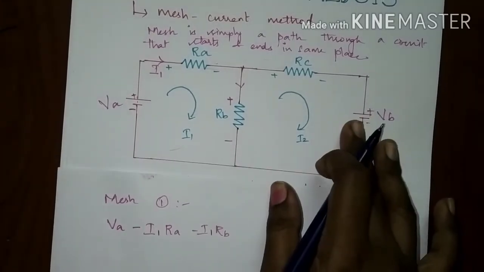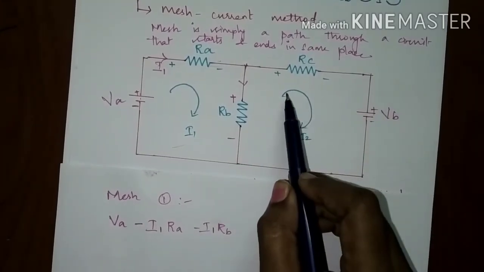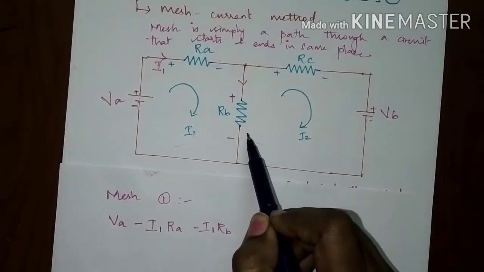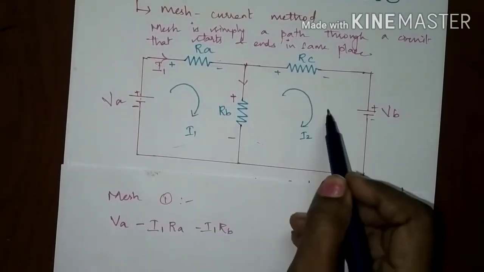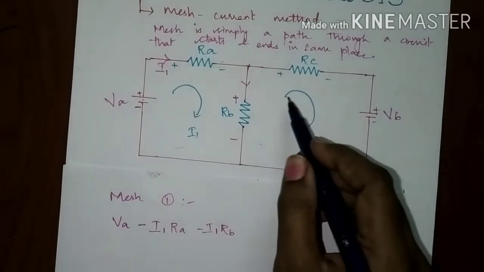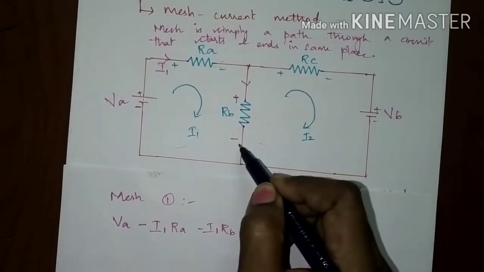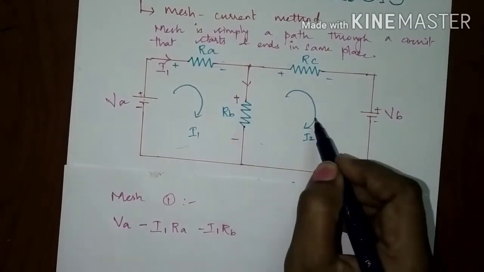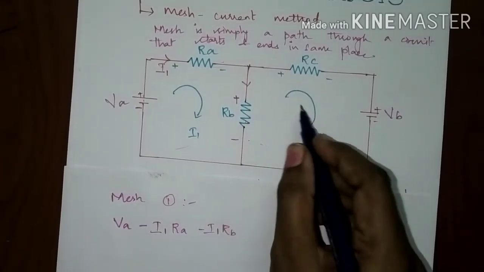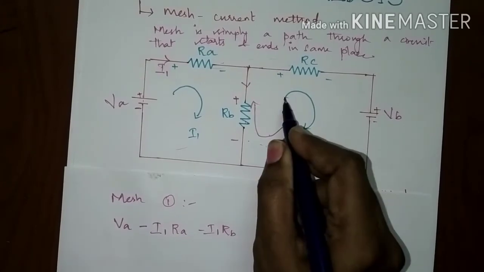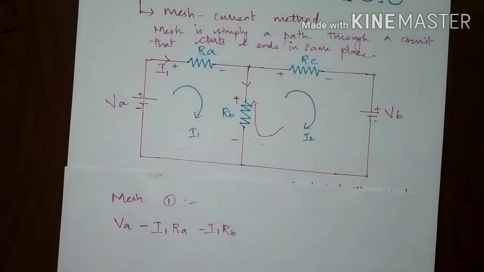And here there is another mesh which produces a current of I2, and this I2 also flows through RB. I have already assumed both the currents are in clockwise direction. So if you consider this I2 flowing in RB, it will be flowing from negative to positive. In clockwise direction, it will be flowing from negative to positive.